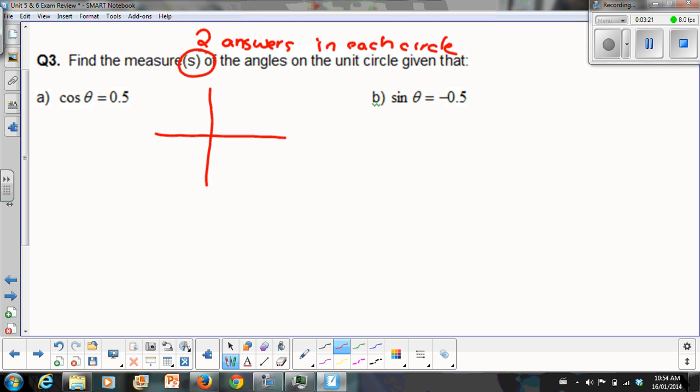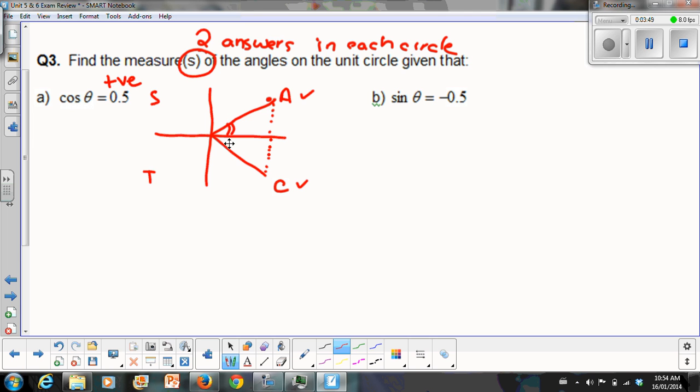If I have a unit circle here, cos can have a positive 0.5 ratio if it is in quadrants 1 and 4. Remember the CAST rule, and this is where cos is positive, because if we draw a point and a terminal arm, this is where the adjacent, the x value, which deals with cos, is positive.